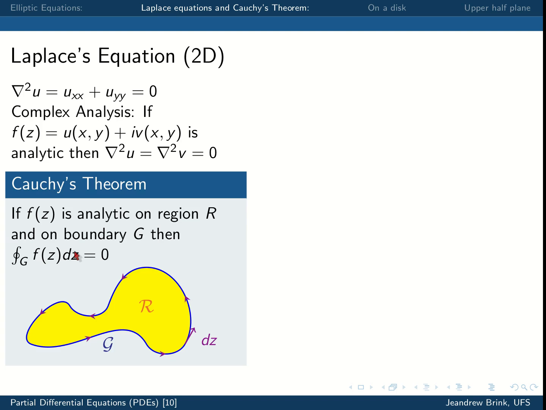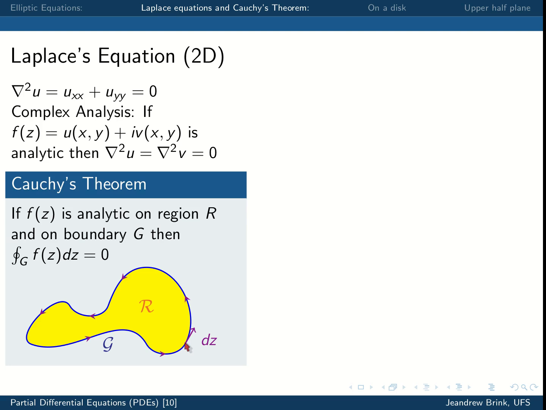So this is basically the sketch we have. Suppose you have a random yellow region R. If f is analytic on that whole region, and you take the integral along G, which is this blue curve along the boundary, you traverse it in the following manner. Remember, for any line integral, the manner in which you traverse it is important.